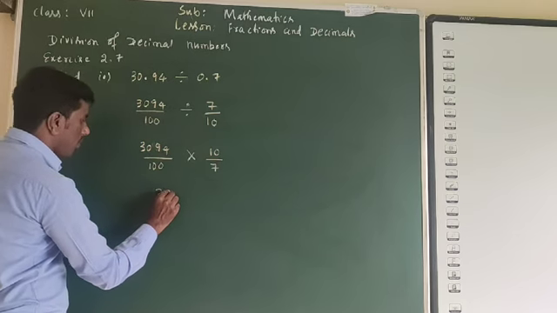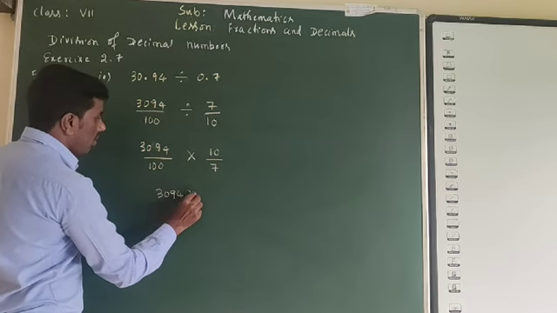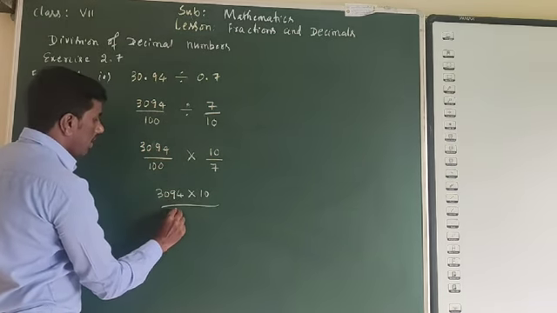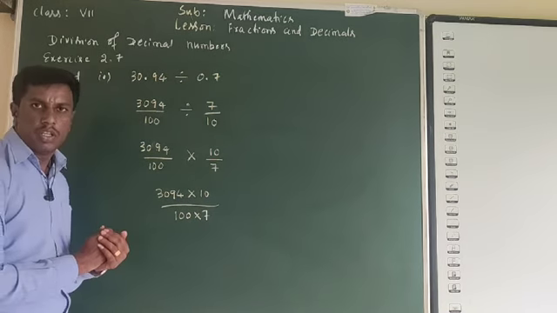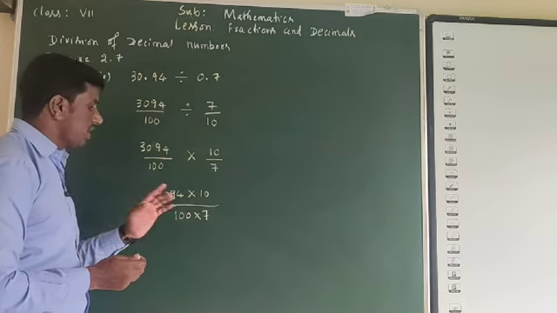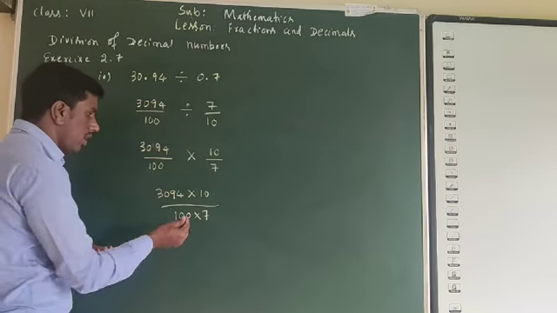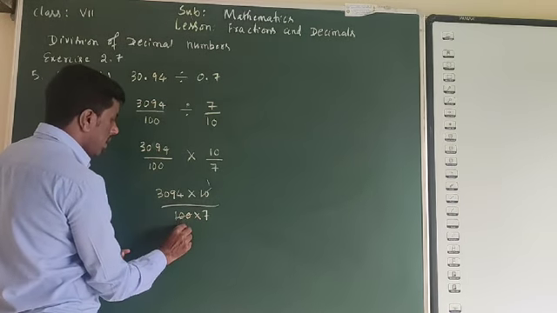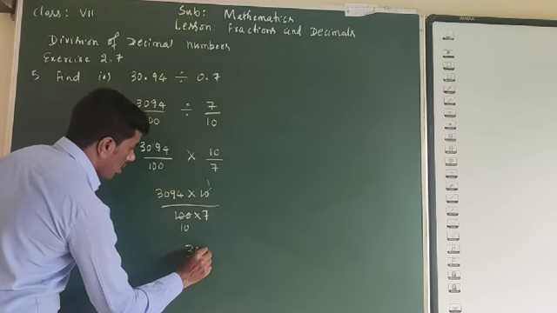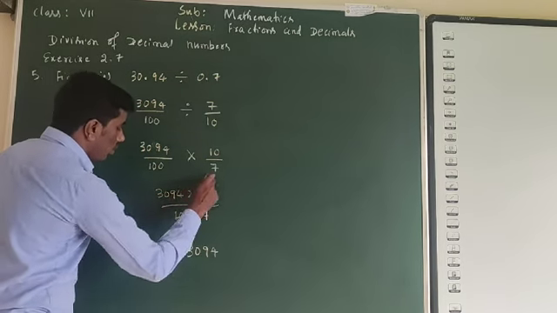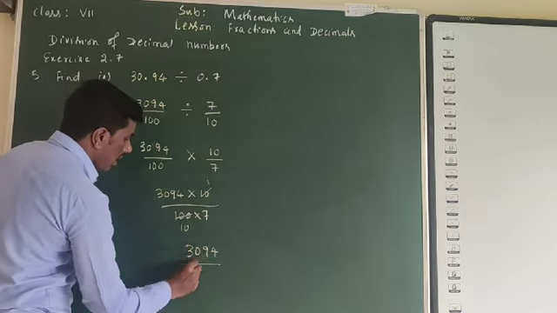So 3094 into 10, denominator 100 into 7. Okay, so since I am having the multiplication sign, I can cancel it, right? So 10 ones are 10, 10s are... So what is remaining? 3094 into 1 is 3094 only.